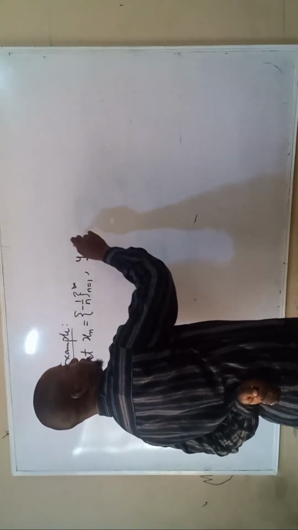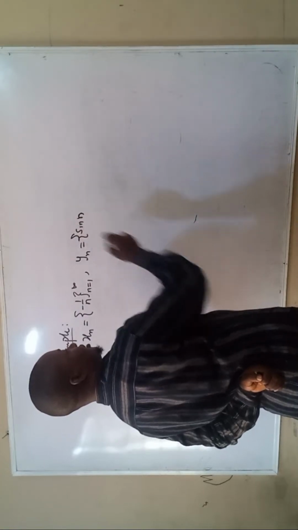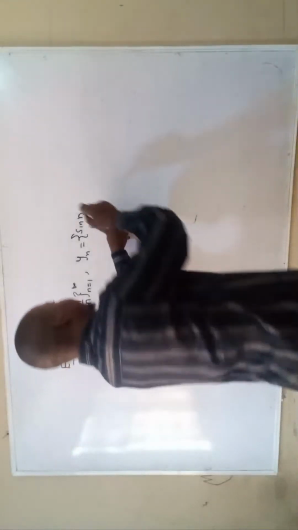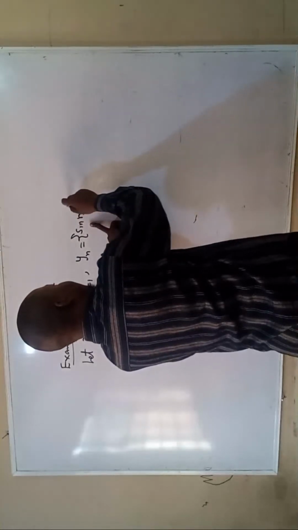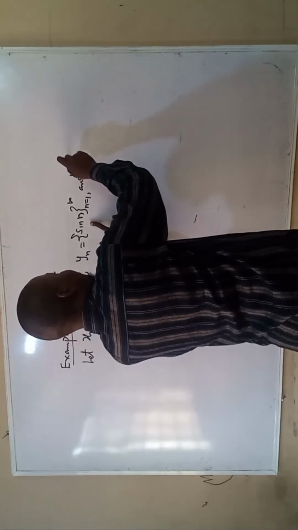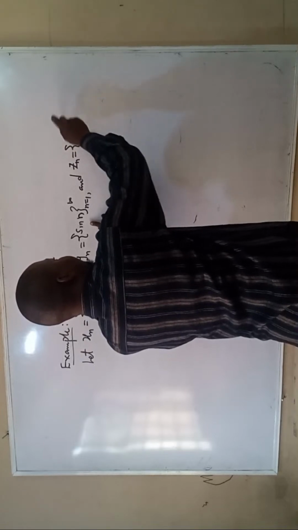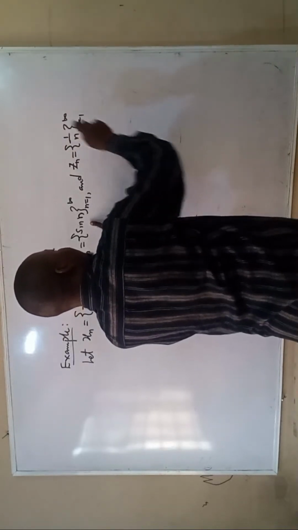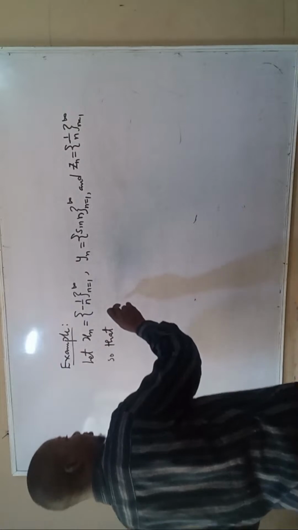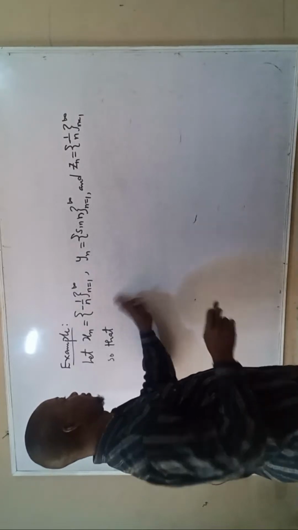Let yn be equal to the sequence sine n, sine in trigonometric form, sine n, starting from 1 to infinity, and zn is equal to 1 by n, so that these sequences are related as follows.